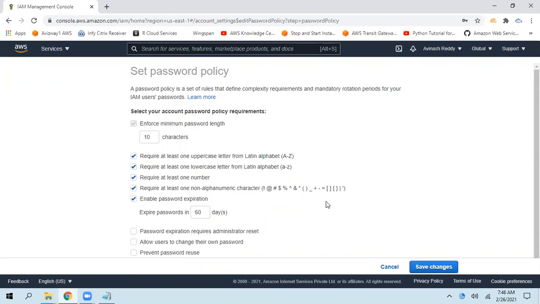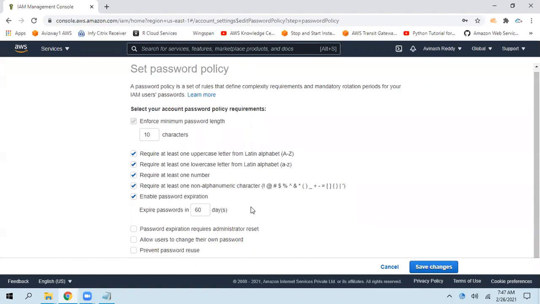Starting 15 days before, he gets a notification whenever he logs in: your password is about to expire in 14 days, consider changing your password. Do you want to change the password? That window will come, so he can click and change the password. That is the password expiration option.